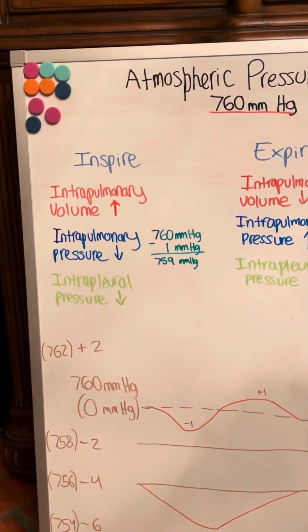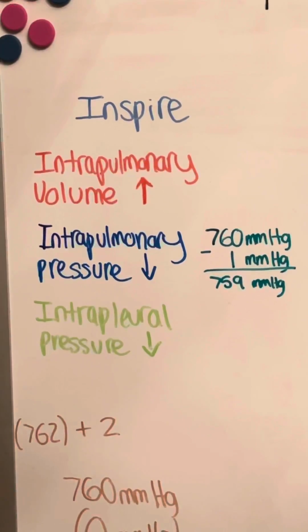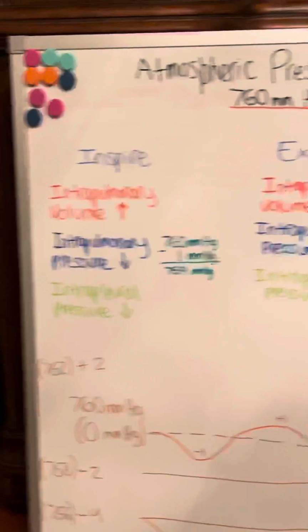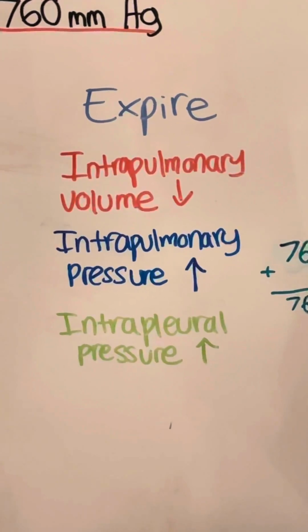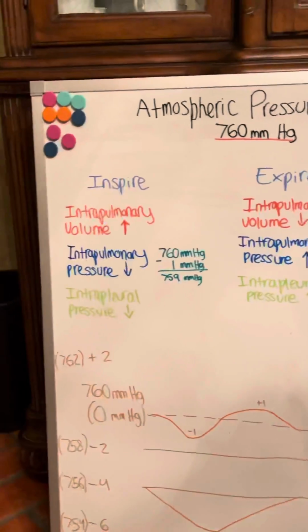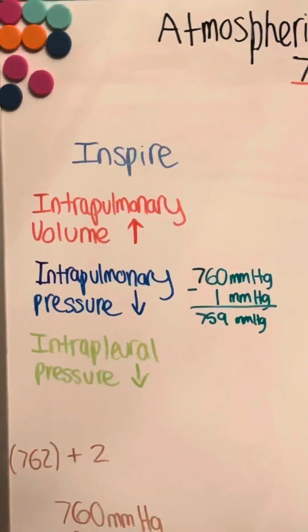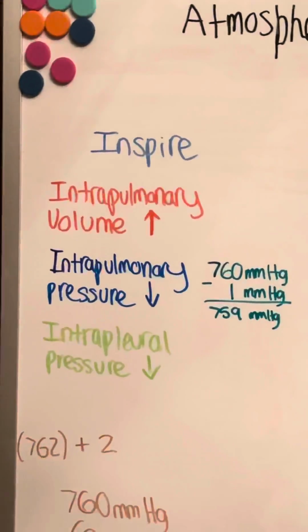So if intrapulmonary volume is up, then intrapulmonary pressure needs to be down, and vice versa. Look over here. When you expire, intrapulmonary volume down, intrapulmonary pressure needs to be up. So if one's up, the other has to be down. So always remember that. That is just Boyle's law. That is just how it always is.